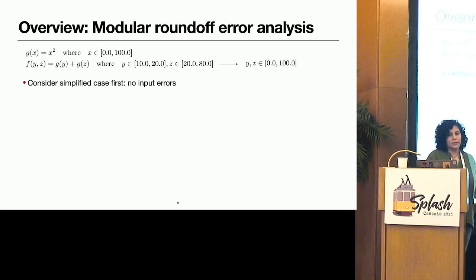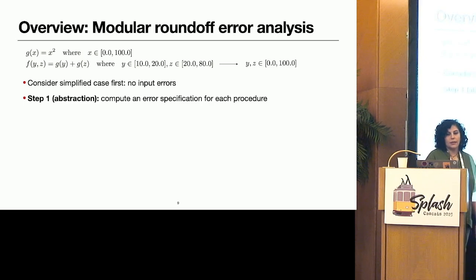For the simple case, we assume that we don't have any input errors, and our analysis computes the error in 2 steps. The first step is the abstraction step, where we compute error specifications for each procedure of the program, and we use its interval for computing the error specification.